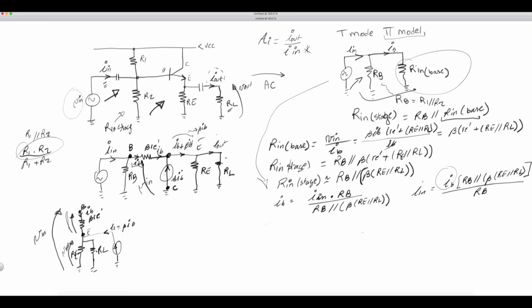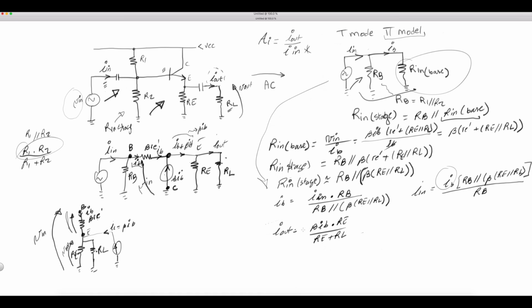We're applying Kirchhoff law here, and that's the current going through these two resistors. So what is I out? Well, we use the current divider rule as well. I out is going to be equal to beta IB times Re divided by Re plus RL.